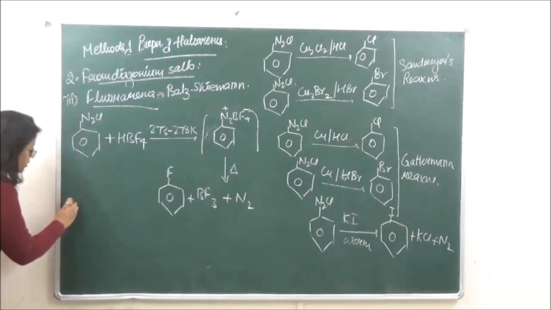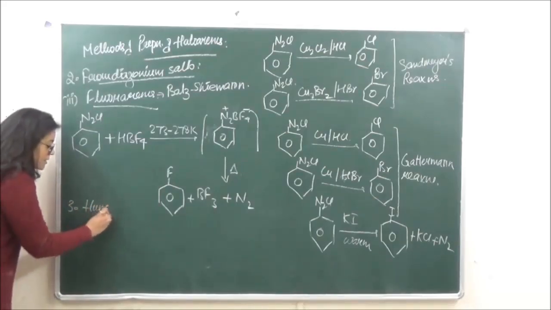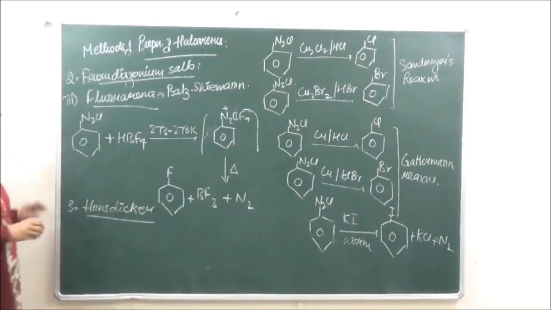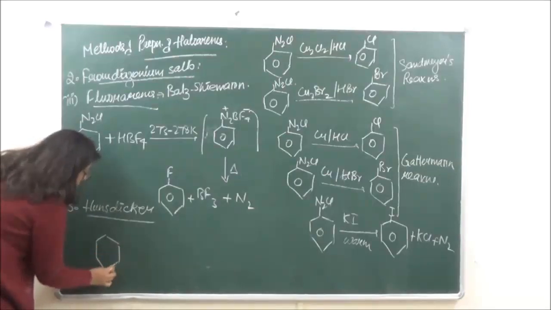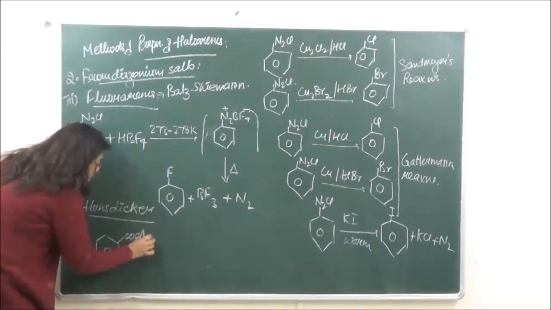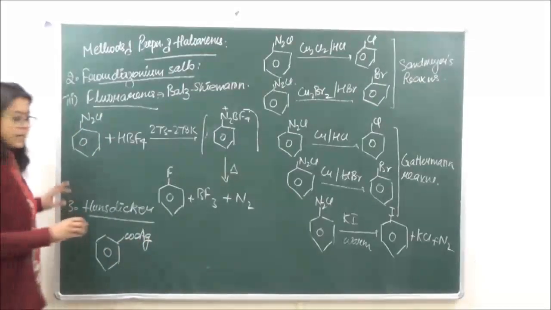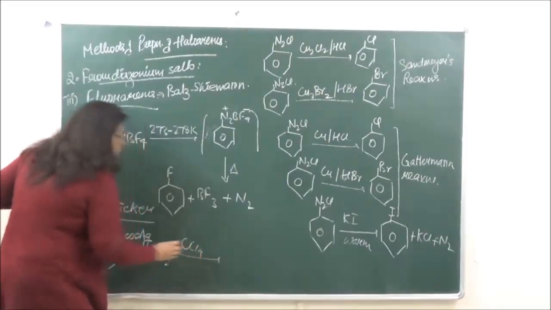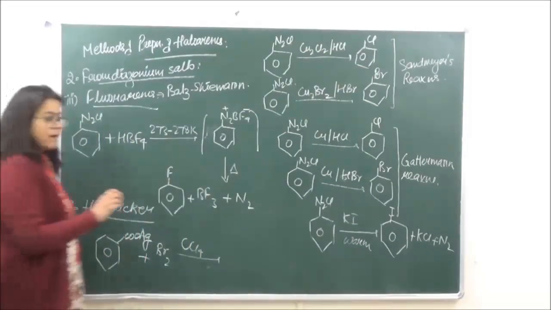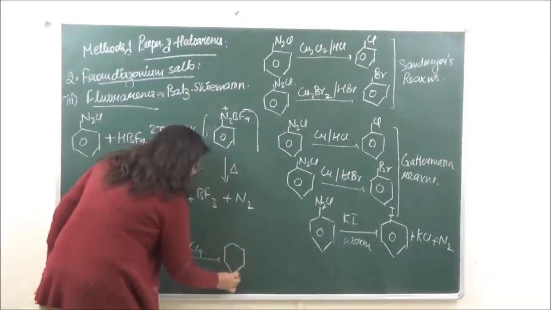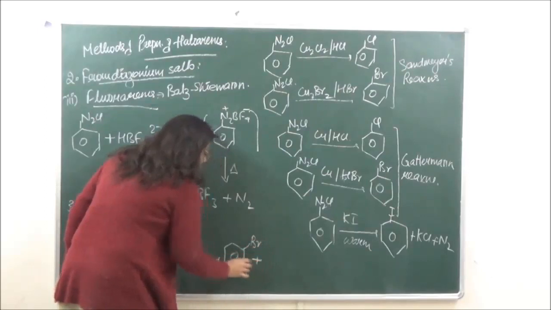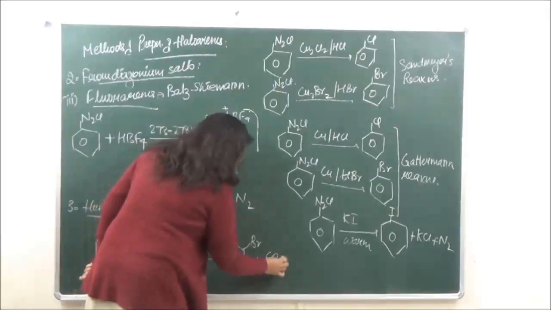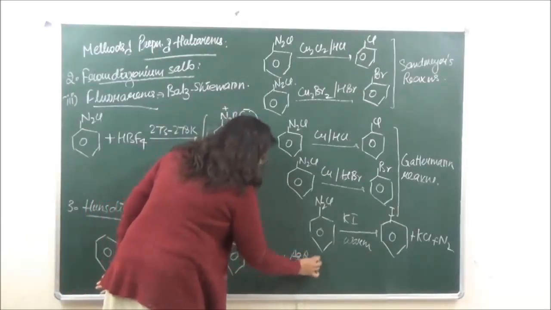Then we have the method from silver salts of aromatic acids, known as the Hunsdiecker reaction. In this case, we take the aromatic silver salt, C6H5COOAg, and react it with bromine in presence of CCl4 to give bromobenzene, plus carbon dioxide plus AgBr.